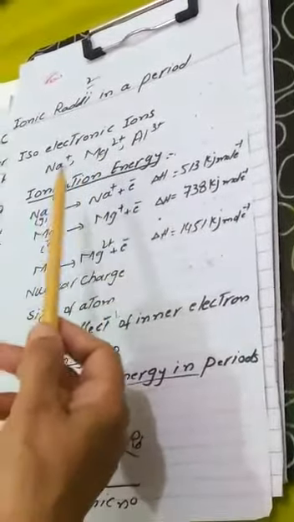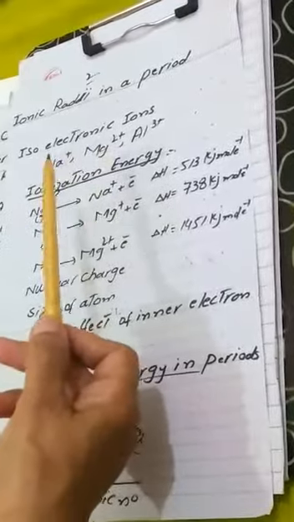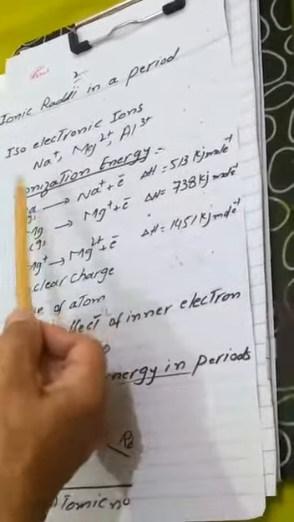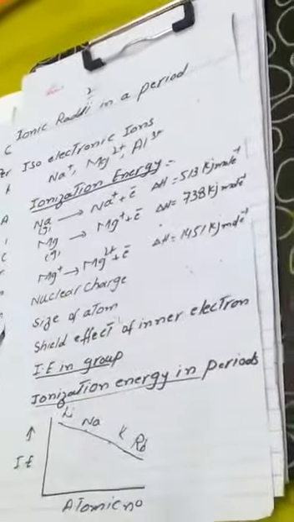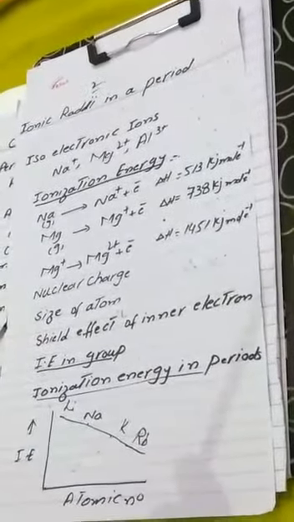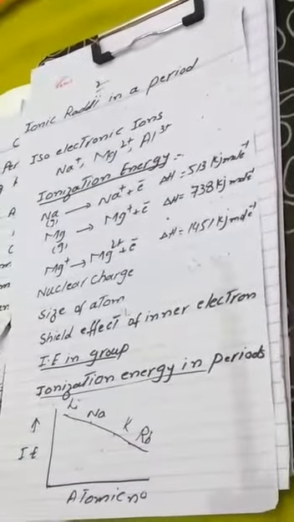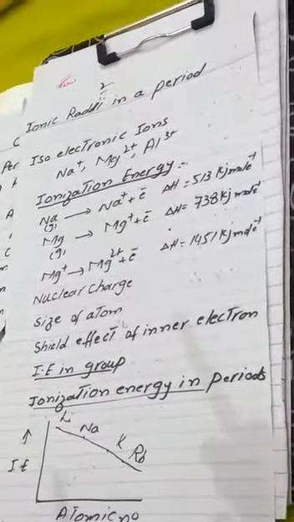Although their atomic numbers are different, their ions have the same number of electrons, because in their outermost shells there are 10 electrons. That's why these are known as isoelectronic ions. Iso means same; the ions which have same electrons are known as isoelectronic ions.